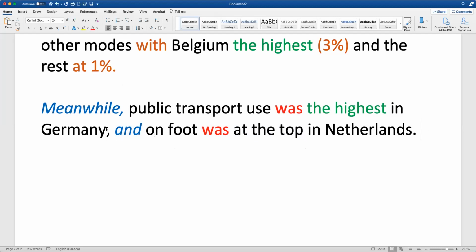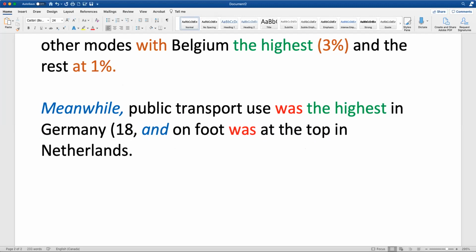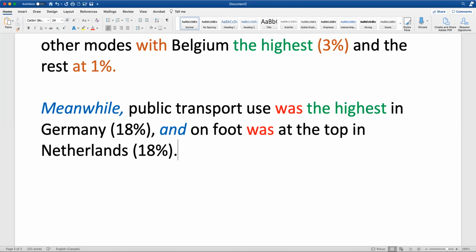Oh, and I should put statistics here, 18%. Okay, so look at this sentence right here. Do you see it?